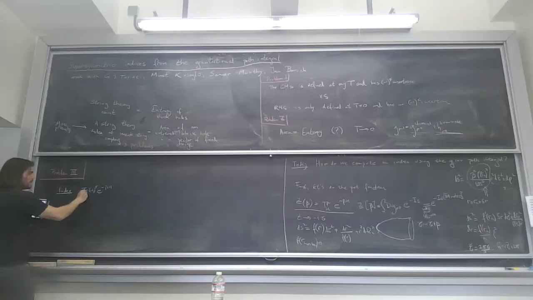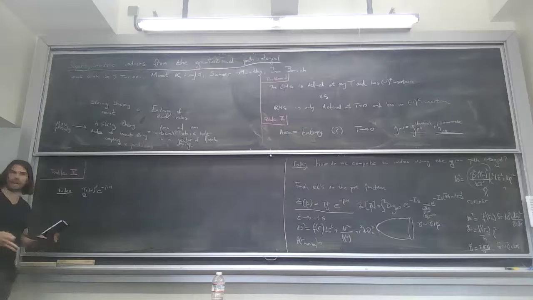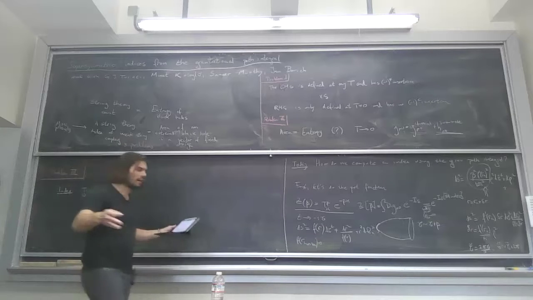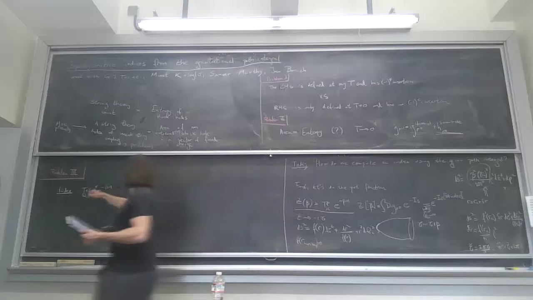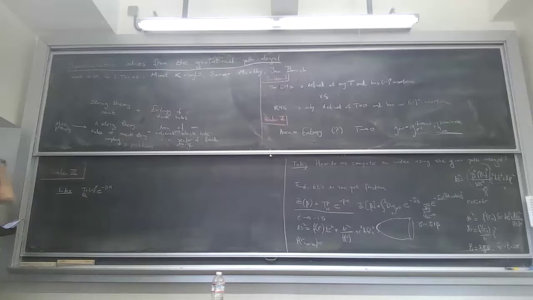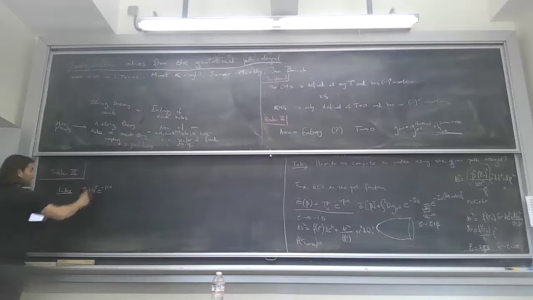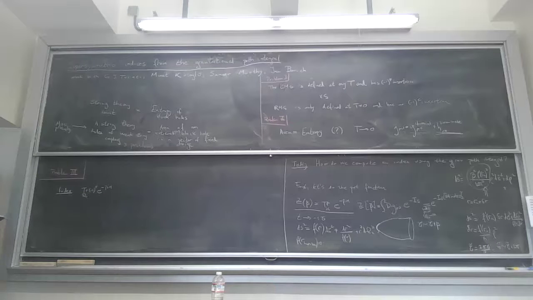Let's say that it's in a sector of fixed charge. So I might have some R symmetry. I might have some additional gauge fields. I can fix everything except the angular momentum of the black hole, which is weighted by this factor of minus 1 to the F.